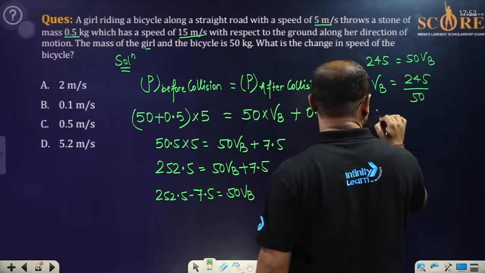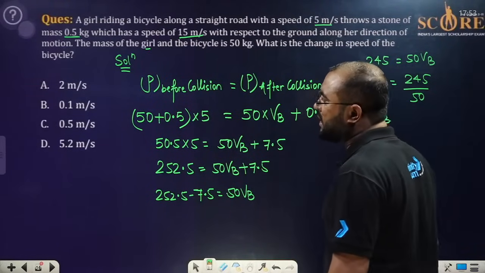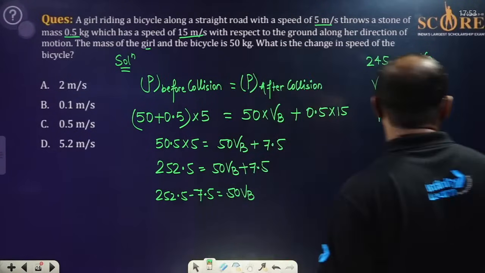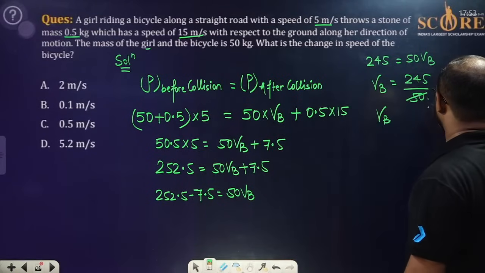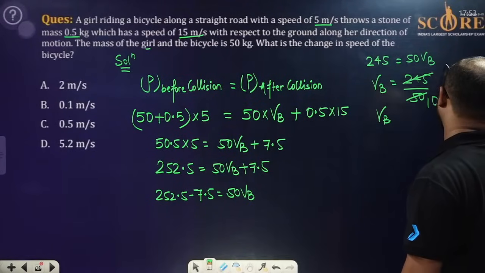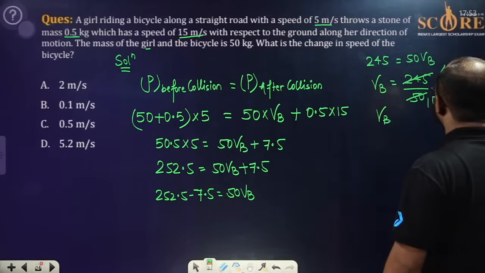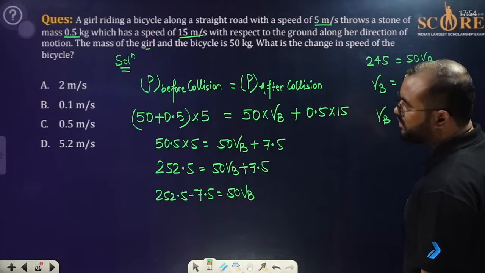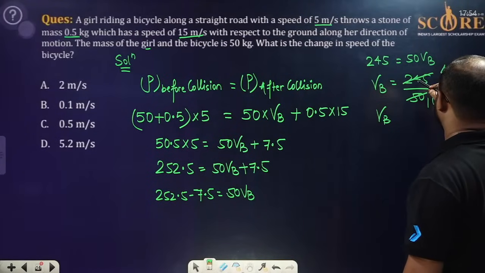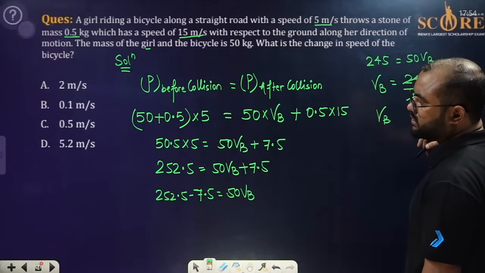If you solve this, the velocity of the bicycle, 5 threes are 15, 5 fours are 20, 5 nines are 45, I believe it is going to come 4.9.